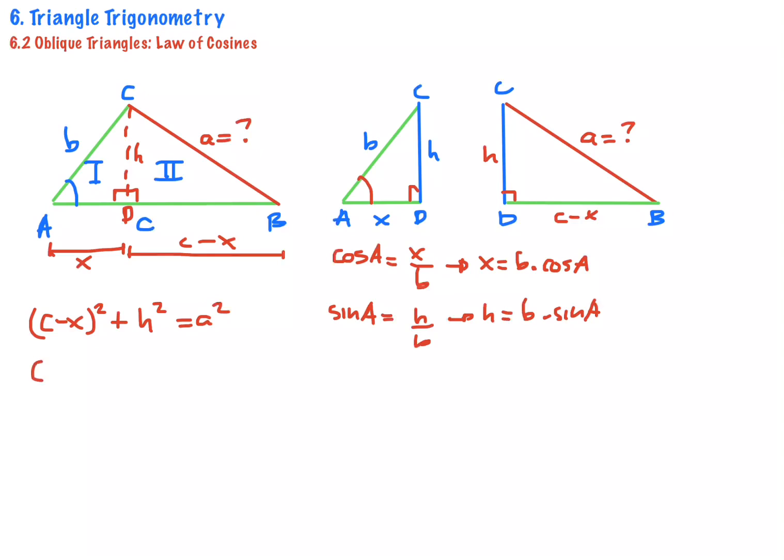Now let's substitute X and H using this. H is B sine A, and X is B cos A, so I'll have (C minus B cos A) squared added with (B sine A) squared equal to A squared.